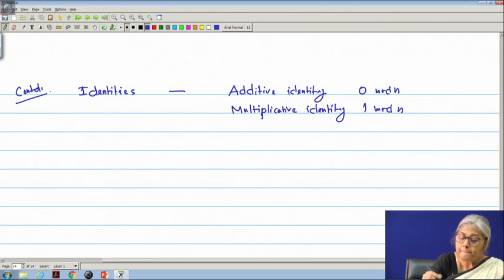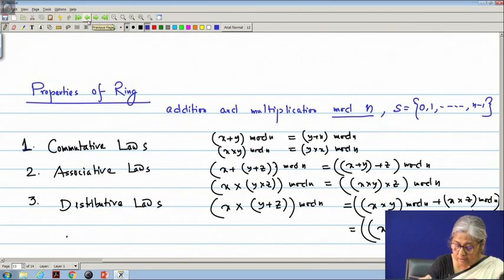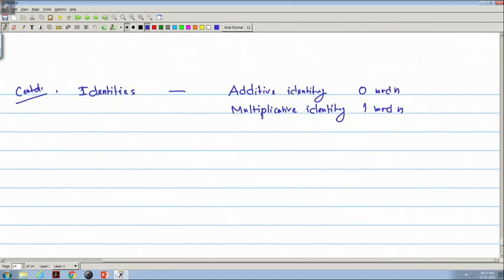Now, okay, 4, so this is my 4, and 5 is the additive inverse.